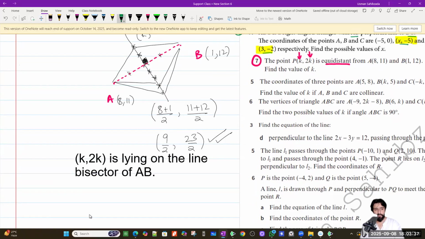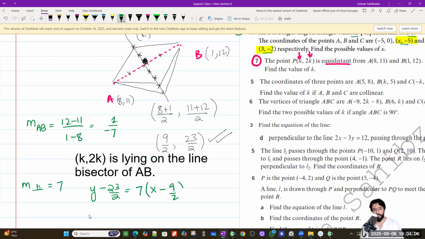So I already have the midpoint. We can find the gradient AB, y2 minus y1 over x2 minus x1. This comes out as 1 over negative 7. So the perpendicular's gradient will be positive 7. Y minus y1 equals m times x minus x1. This is what we have.